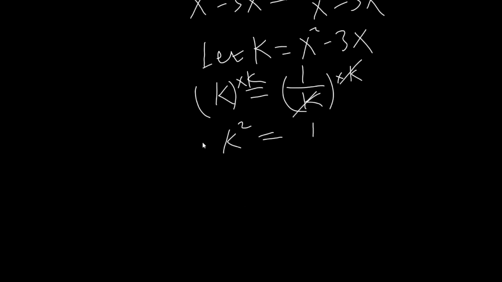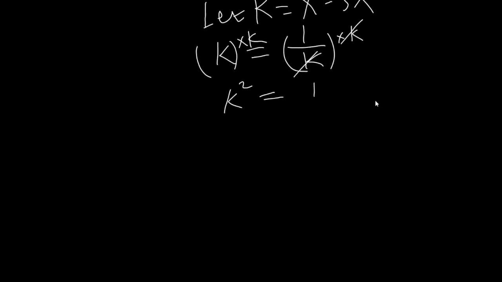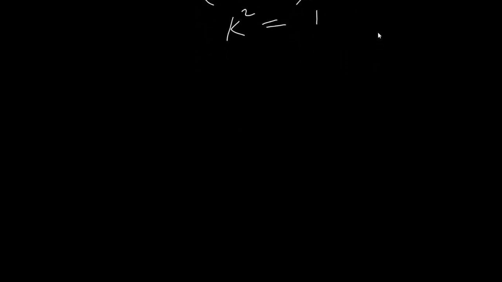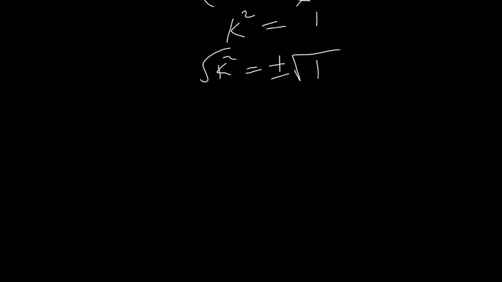This is a difference of two squares, but I'm going to use a root to solve this. The root of K squared is equal to plus or minus, don't forget that, the root of 1. So K is equal to plus or minus 1.